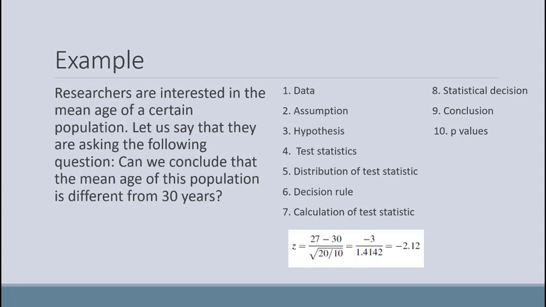Step 6. We must now specify the rejection and non-rejection regions. We can begin by asking ourselves what magnitude of values of the test statistic will cause rejection of the null hypothesis.